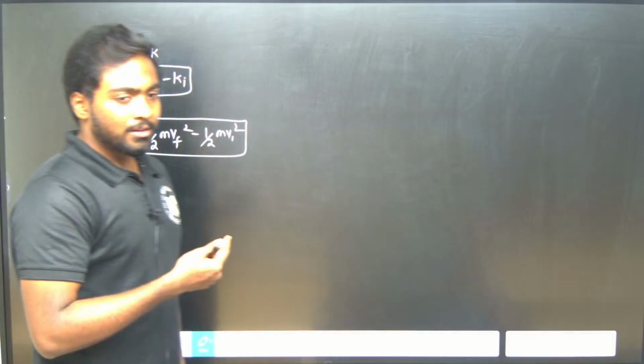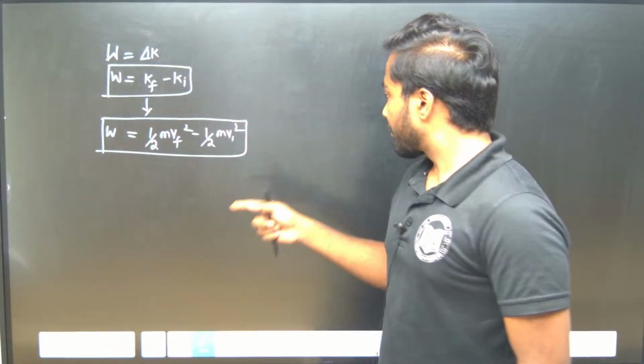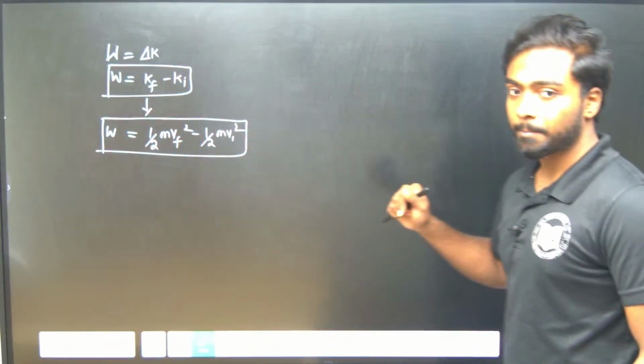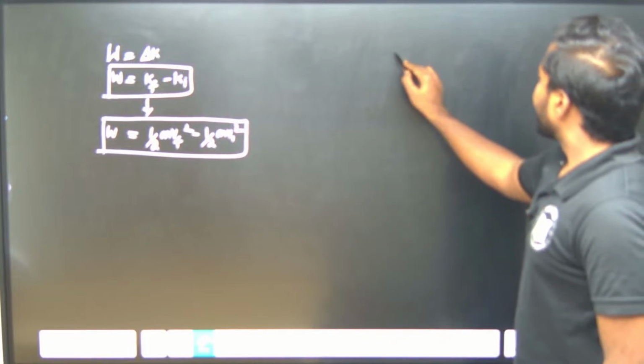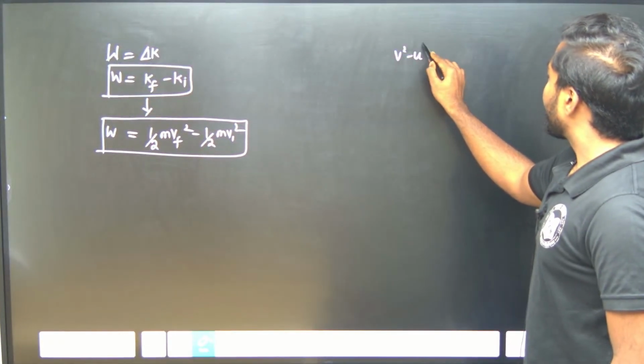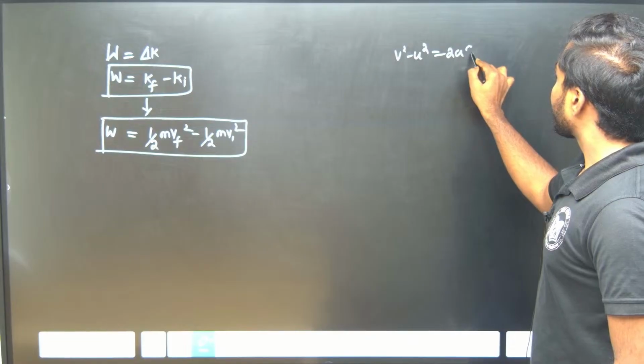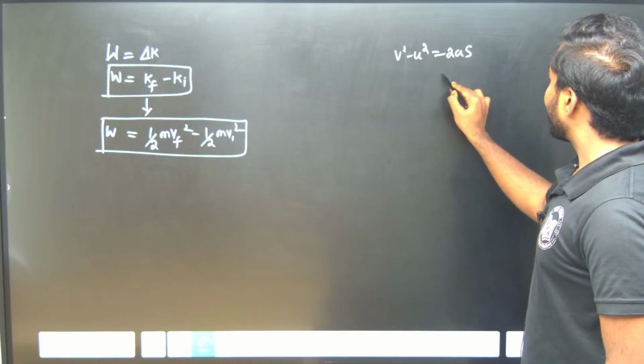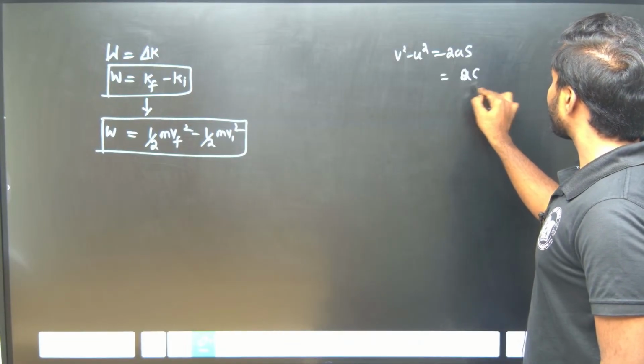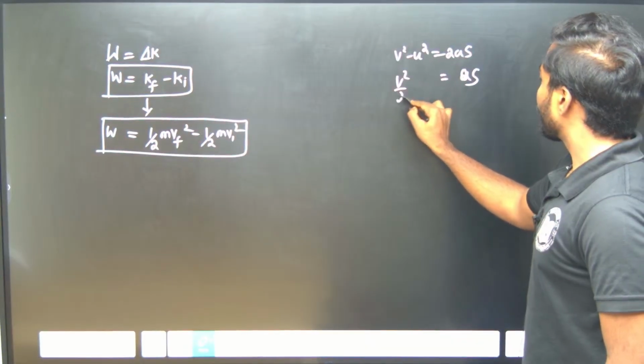Somewhere we have seen this equation, right? v square minus u square is equal to 2as. I can write this as v square by 2 minus u square by 2, multiply m on both sides.